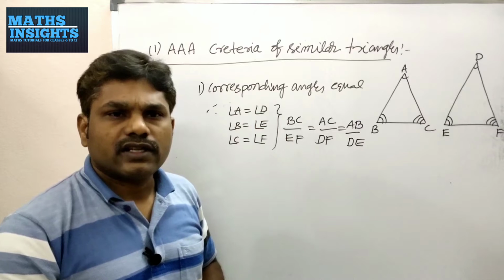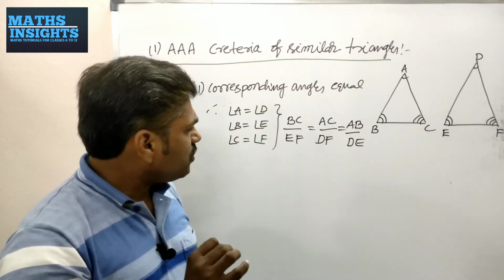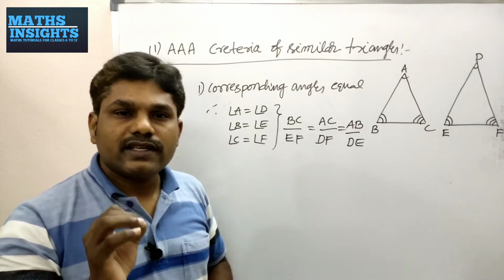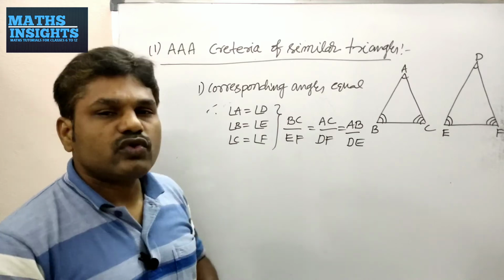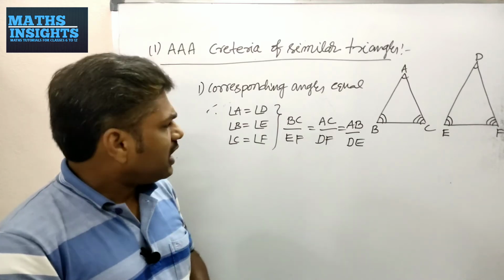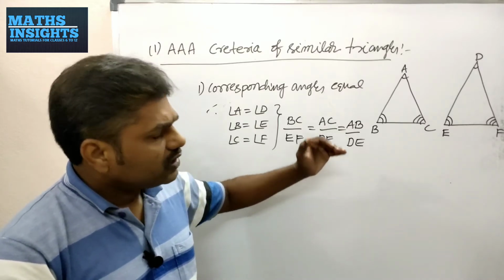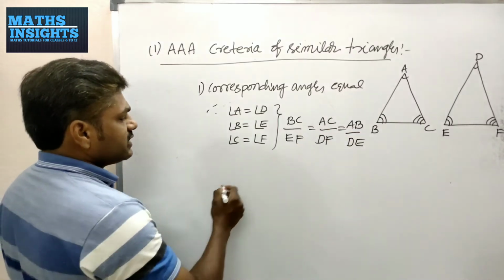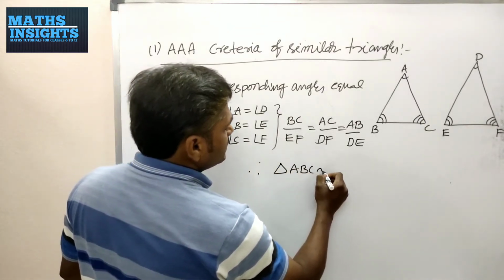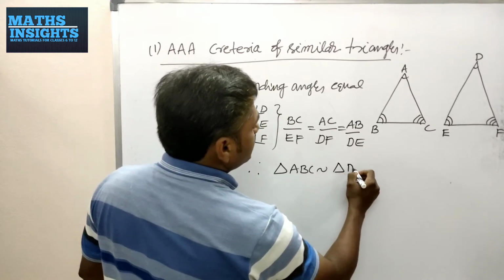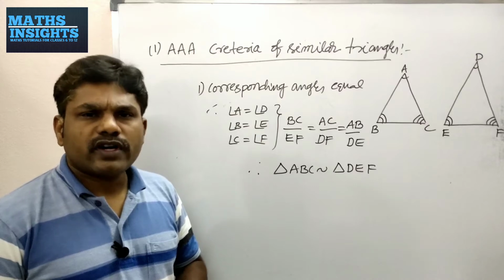As we discussed, if corresponding angles are equal and the ratio of corresponding sides is the same or proportional, then we say that two triangles are similar. These two triangles satisfy those two conditions. Therefore, these will become similar triangles, and we may write that triangle ABC is similar to triangle DEF.